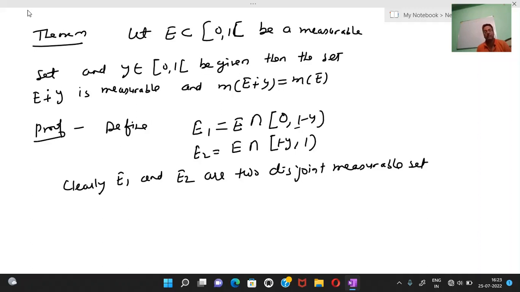We can see there is no common interval between E1 and E2, so clearly E1 and E2 are disjoint measurable sets.